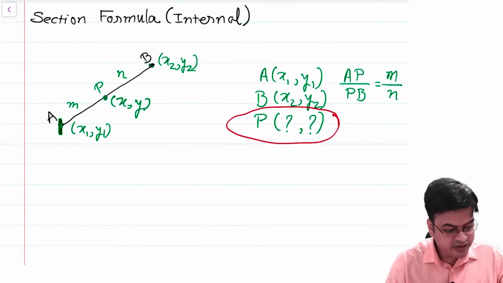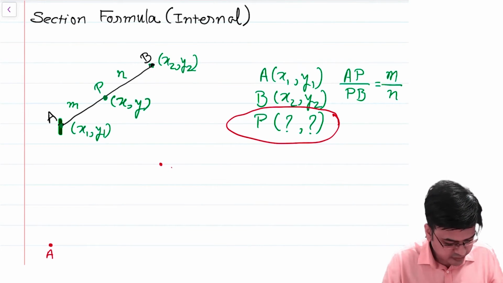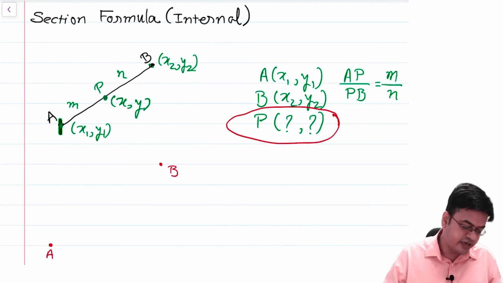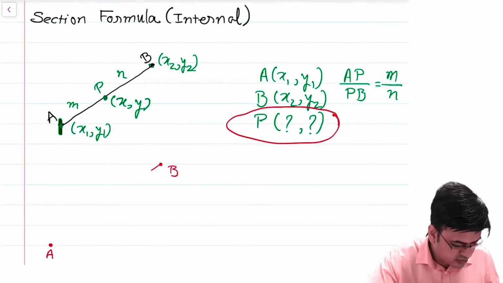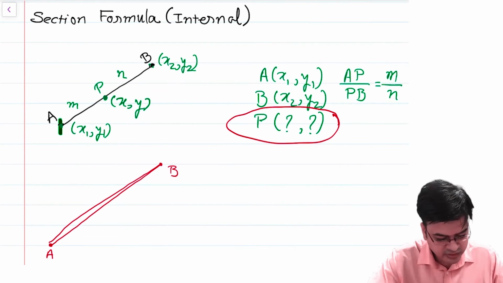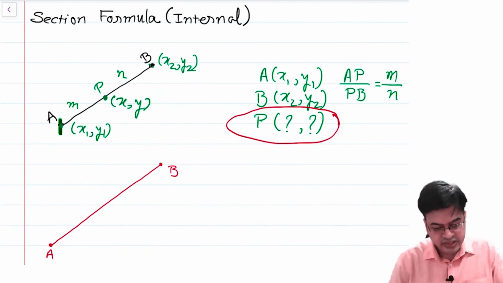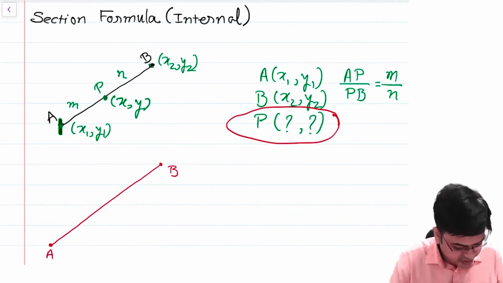Okay, so let me do one thing. Let me redraw the diagram. This is point A, this is point B, and I have joined a line between these 2 points. Let me be very precise in joining the line. Let me erase the unnecessary line. Yes, and there is a point P associated with this line.